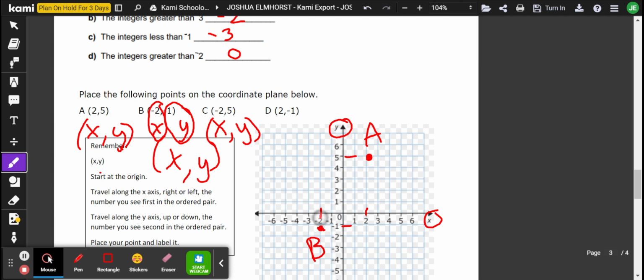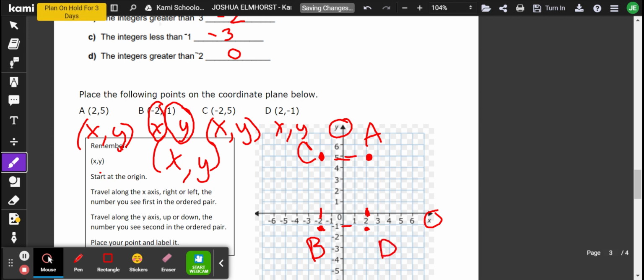So we're going to go -2, and then we're going to go up 5, and that would be locating C. And then last point, x is 2, y is -1. I'm going to go positive and then -1, and that is point D.